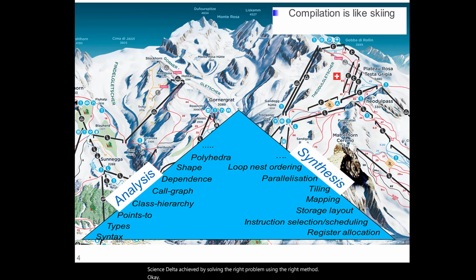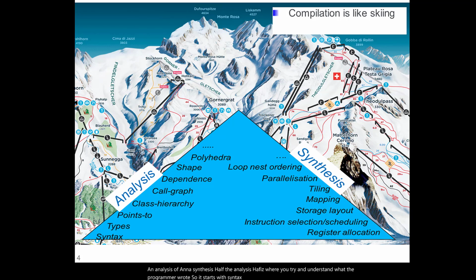Okay, so I want to tell you this, that compilation is like skiing. So this is a ski map of the Matterhorn, and in the middle we have something that I tell my undergraduate students studying compilers, that compilers have two halves, an analysis half and a synthesis half. The analysis half is where you try and understand what the programmer wrote.